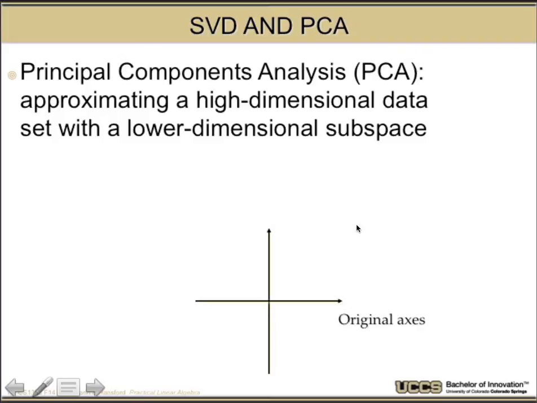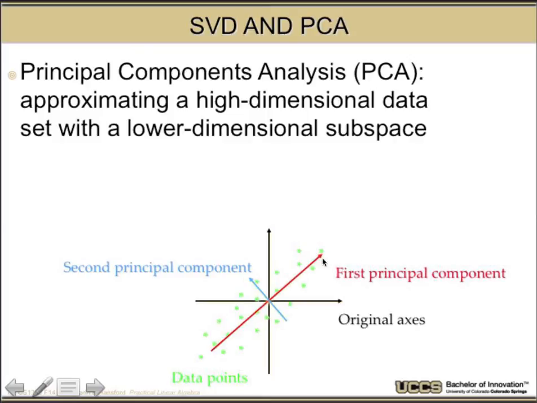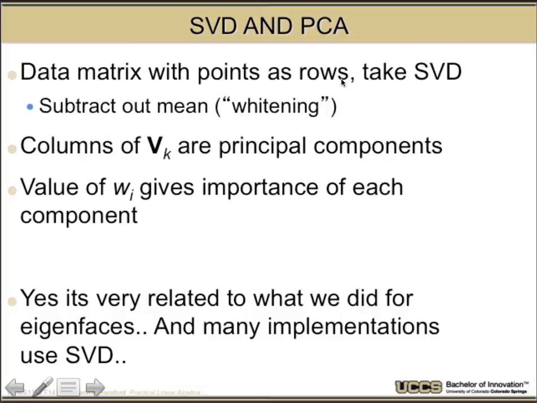Last application, which we're not going to spend much time on because we've already done this, is that SVD is directly related to PCA. For PCA, you recall, we take our original axes, we have some data points, we then find the first principal component of those and the second principal component of those. The nice thing is if I want to do this for a set of data and I shove it through SVD, I'm going to get those axes.